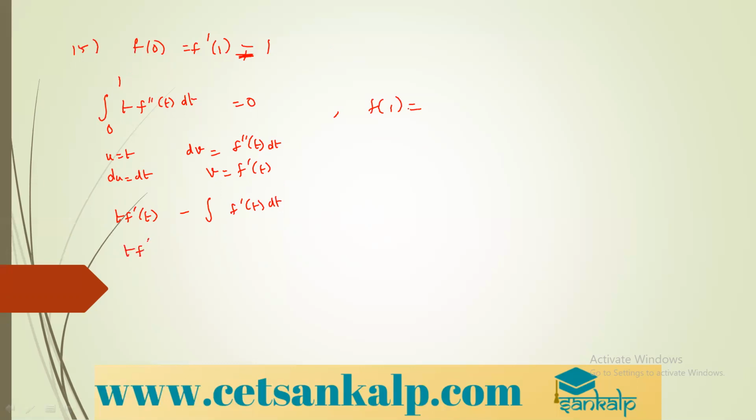So this becomes t into f prime of t minus f of t, which is equal to 0. If you put t as 0, you will have this as 0. Isn't it?